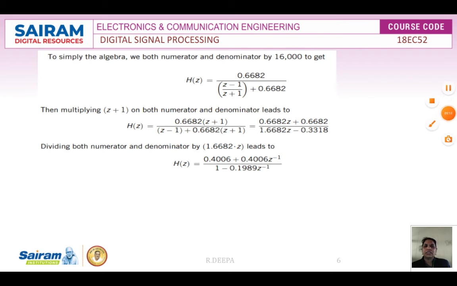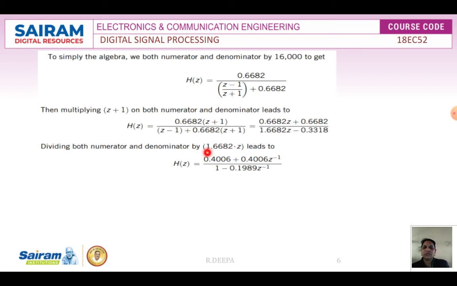After applying the transformation, we get H of z which takes this form. To simplify, let us multiply with 16,000. Again, in order to remove z plus 1, I am multiplying with z plus 1 and dividing by 1. We get H of z which takes this form.